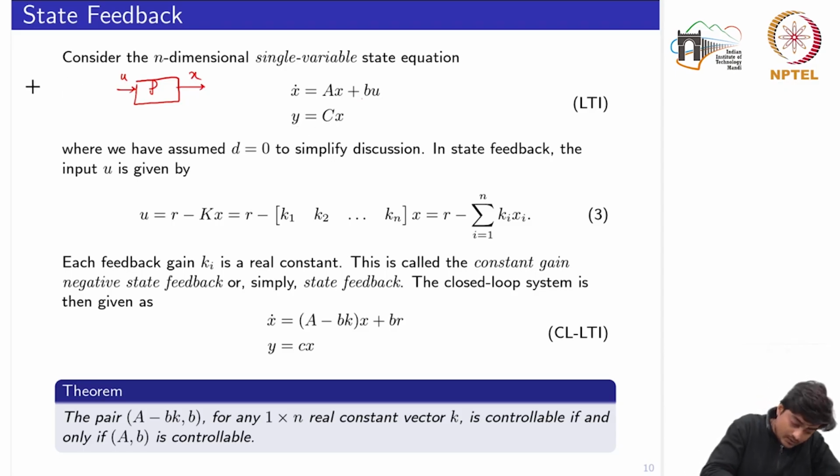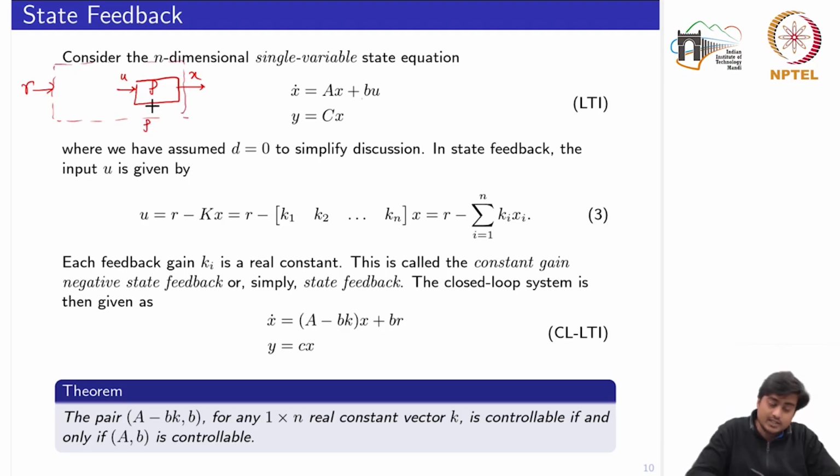Then there is some reference trajectory r. This is the overall plant description, where the LTI model has access to u and x but has no connection with the r.